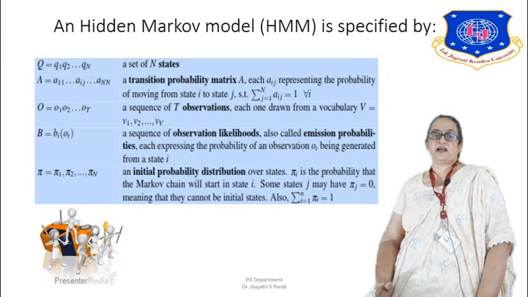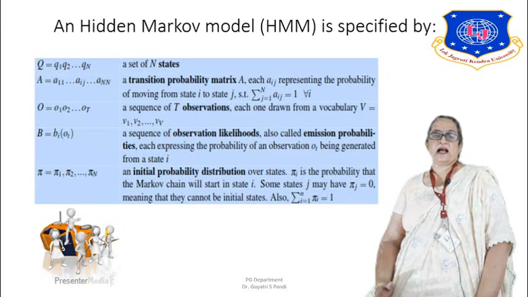Then you have a set of T observations, that is O = o1 up to oT, right? Where T is the length of the sequence of observations that are made, and each one is drawn from a vocabulary V = v1, v2, and so on up to vn.